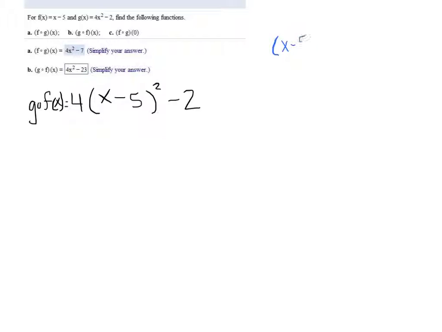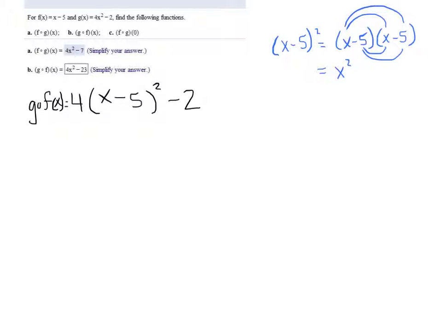X minus 5 squared is the same as x minus 5 times x minus 5, and I can use my FOIL method for that. Multiply my firsts, outers, inners, and lasts. There is a shortcut when you square a binomial. You square the first term, you take the two terms, the negative 5 and the x, and multiply them together, so you get a negative 5x, and you double that for your middle term.